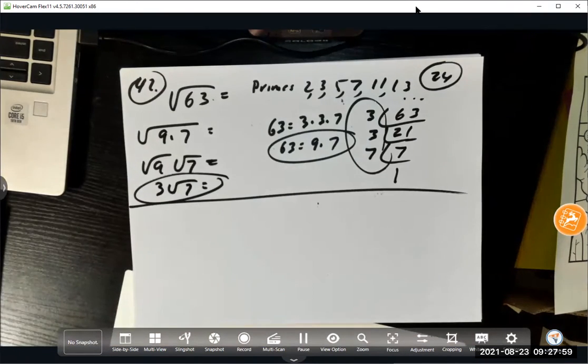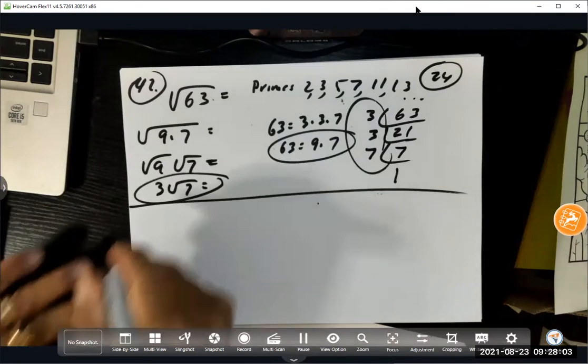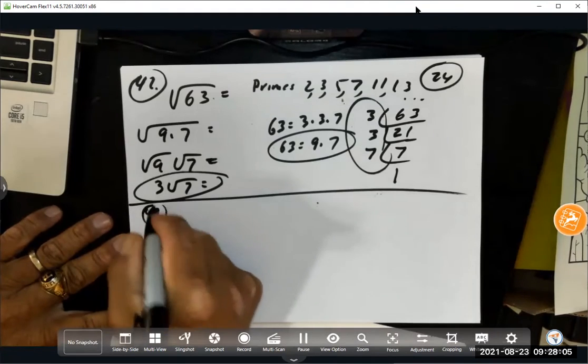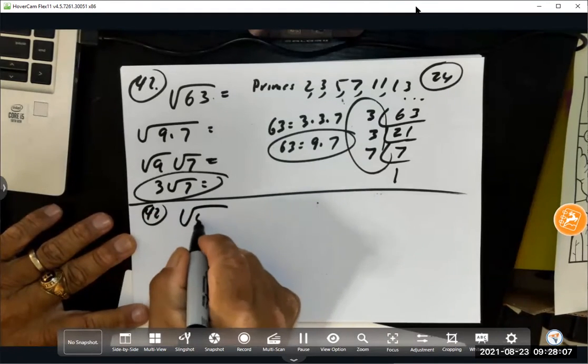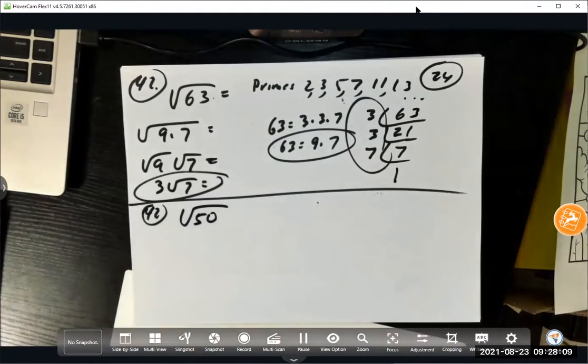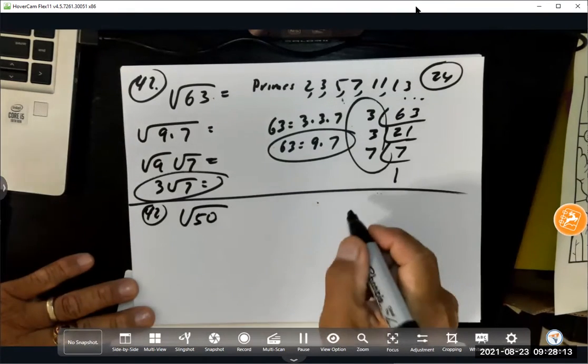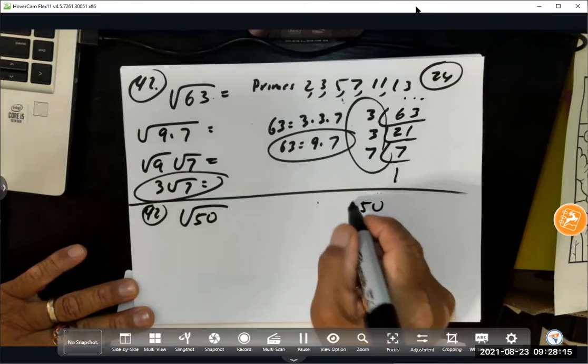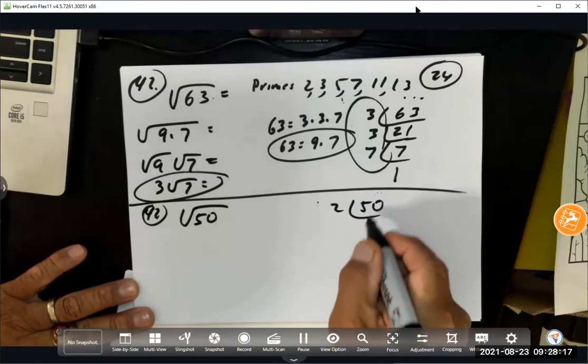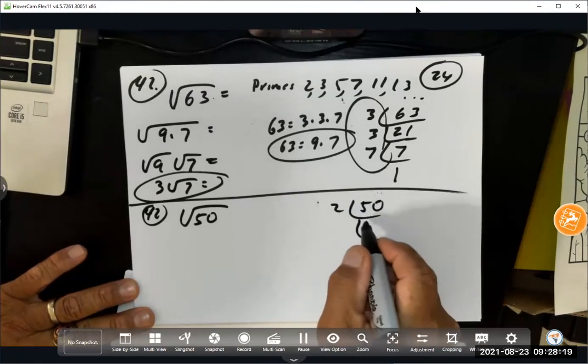We do another one like this just because I know it's different. All right, another one like 42. Say I have square root of 50. Okay, again, I don't know what square root of 50 is. Can I break it? Yes. Let's do over here, 50. Does 2 divide 50? How many times? 25.